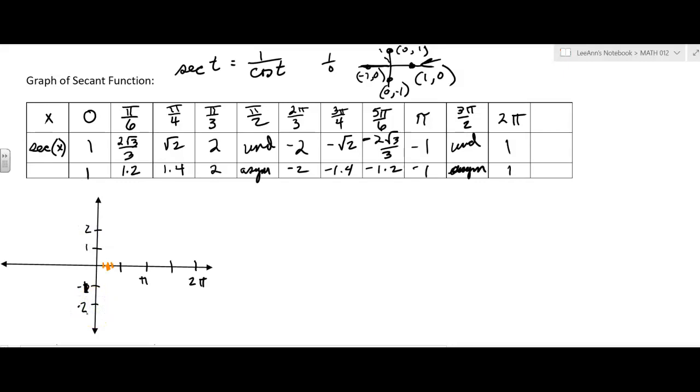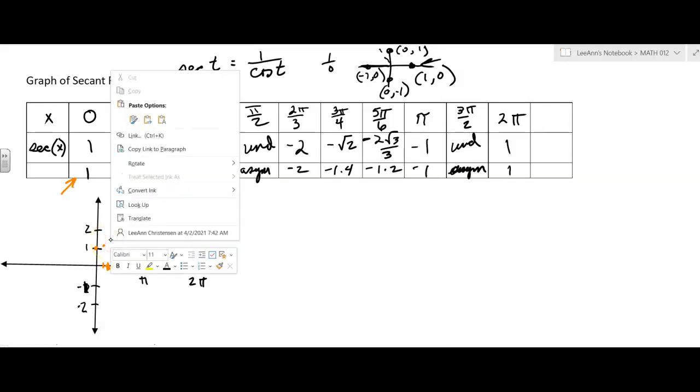Let's see what happens for this graph then. When I'm graphing these points, I'm just graphing points. So x is 0, and I start out at 1. That seems normal, like our cosine curve. But then what happens? I'm going to pi over 6, and it's going up a little bit more, so it's 1.2. Then I'm going to pi over 4, and it's going up a little bit more.